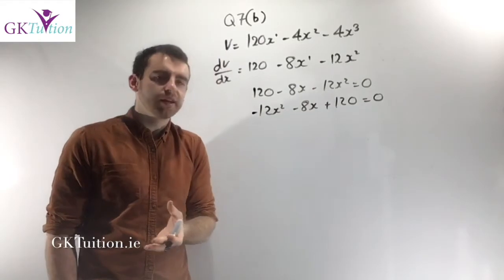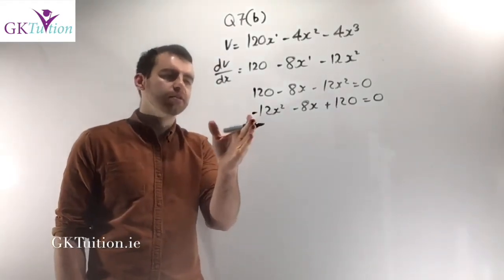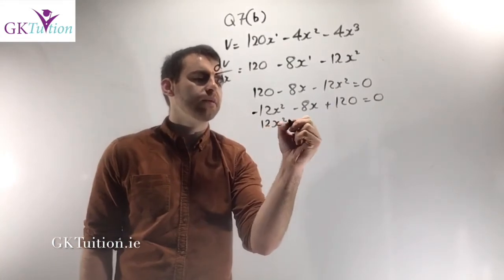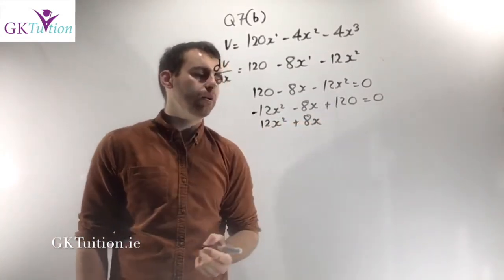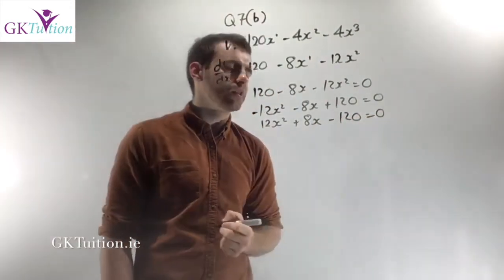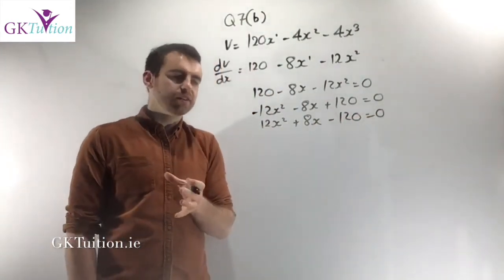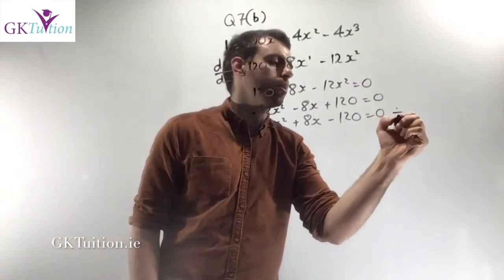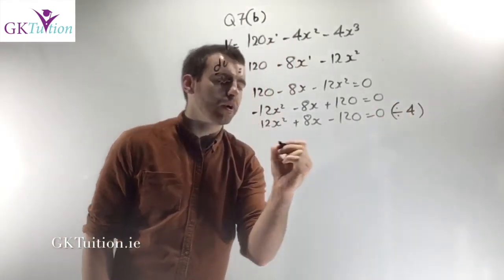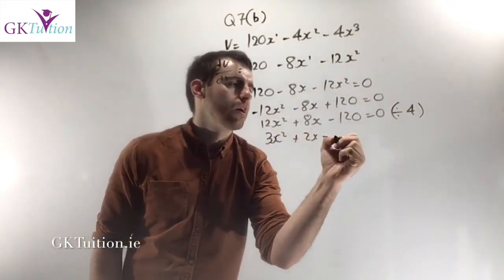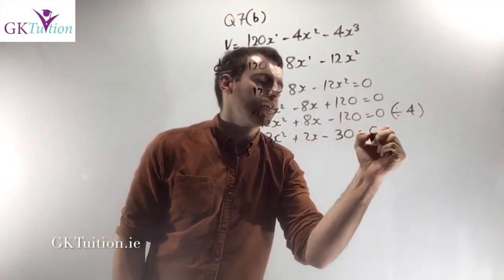Now we might be inclined to change our signs. Since we have a minus in front of the x squared and a minus in front of the x, it'd probably be easier if you multiply everything by minus 1 and write it as plus 12x squared plus 8x minus 120 equals 0. In this case, we could divide everything by 4 to make it a little bit more simple. So if I divide everything by 4, I'm going to get 3x squared plus 2x minus 30 equals 0.